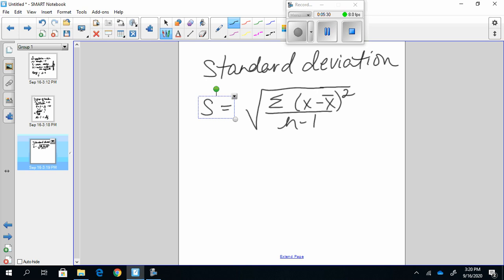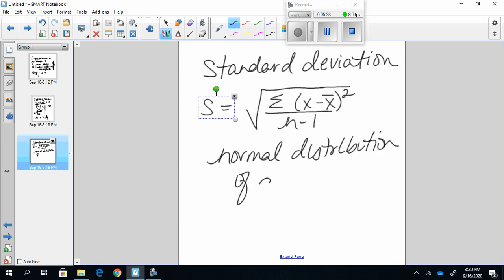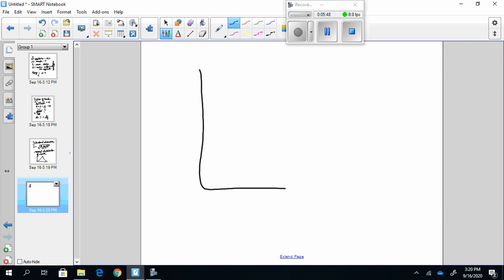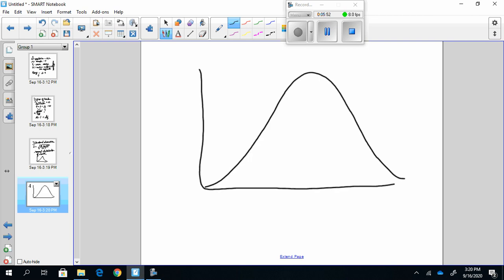So this is the normal distribution of data. And you think of the normal distribution of data as a bell curve, like this. Actually, let me start a new screen so I have a little bit more room here. Okay, so within my bell curve, the middle point is my average. That's my mean.